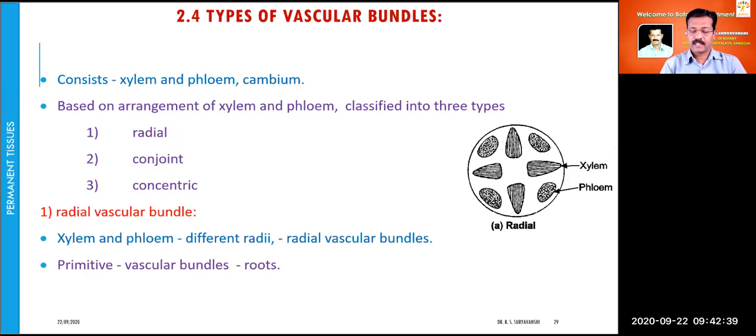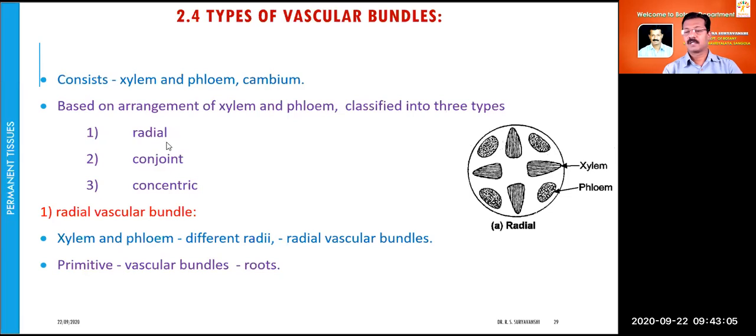So this is regarding the vascular bundles, and based on the arrangement of xylem and phloem, they are classified into 3 types. So try to understand, these vascular bundles have been categorized into 3 types.